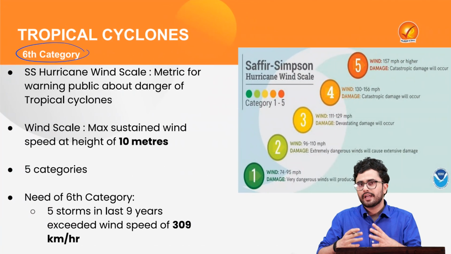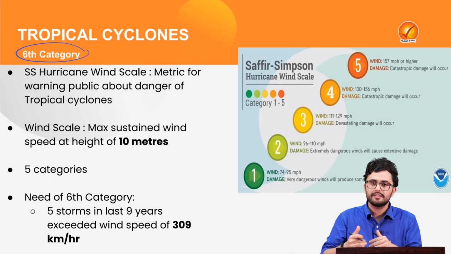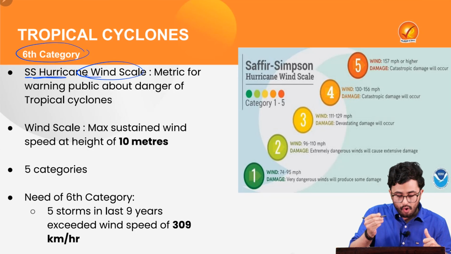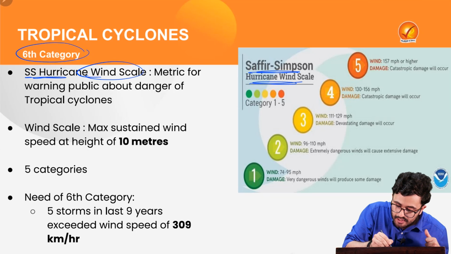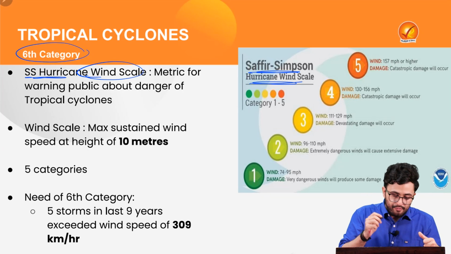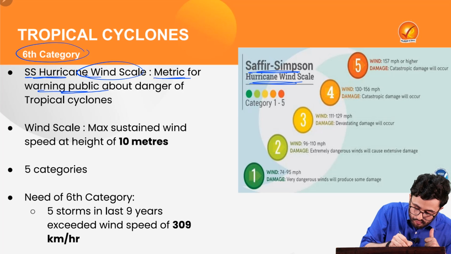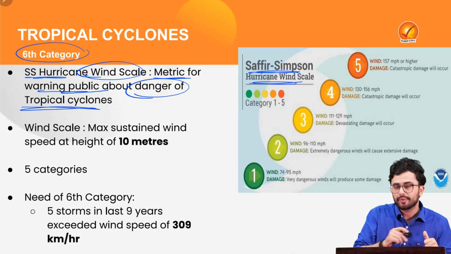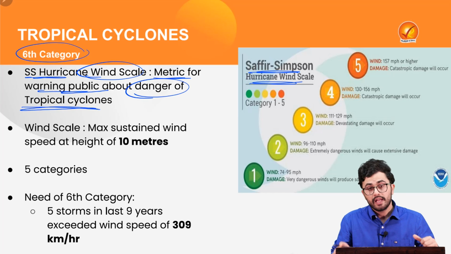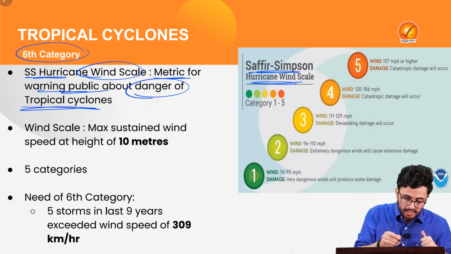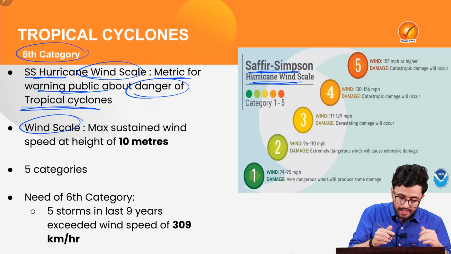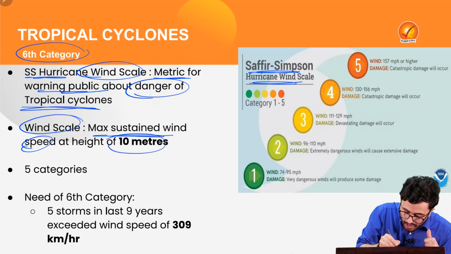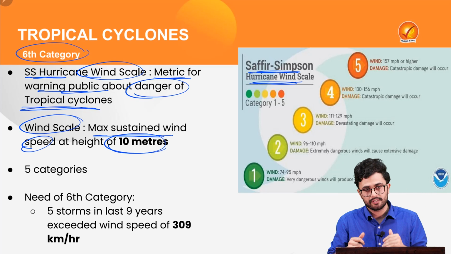Currently, the tropical cyclone's intensity is characterized by the SS hurricane wind scale, or Saffir-Simpson hurricane wind scale, which acts as a metric for warning the public about the danger of tropical cyclones, where we measure the wind scale as the maximum sustained wind speed at the height of 10 meters.